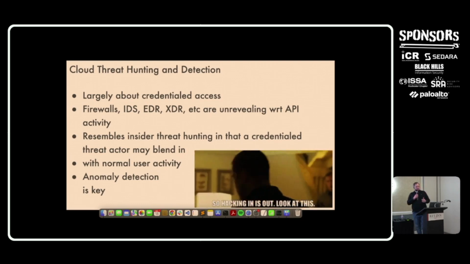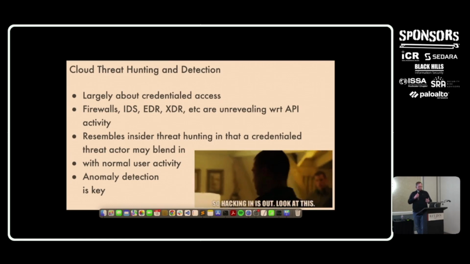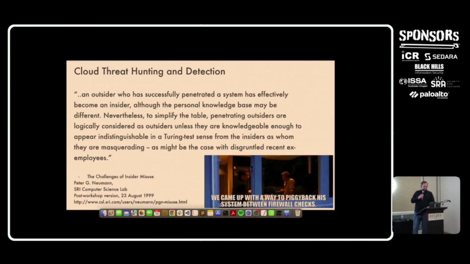And this is not dissimilar from insider threat hunting, in that I found this quote, which is I think the best quote I've found so far that sums up the problem. It was by Peter Neumann, a long time ago.